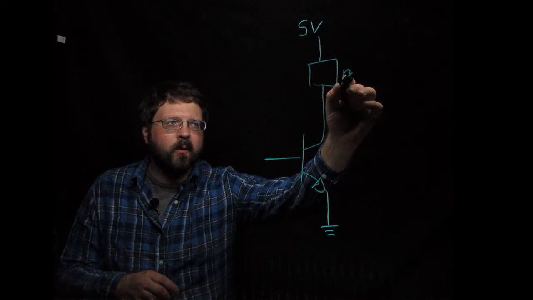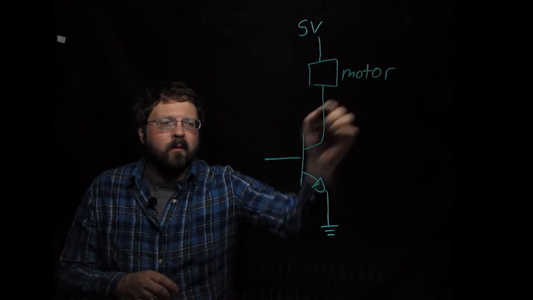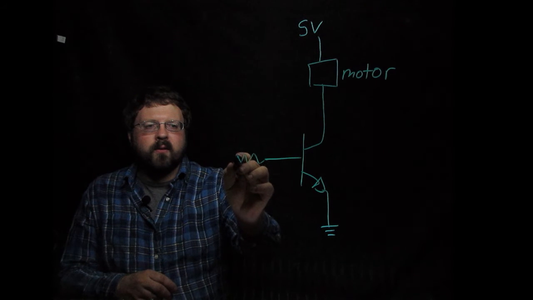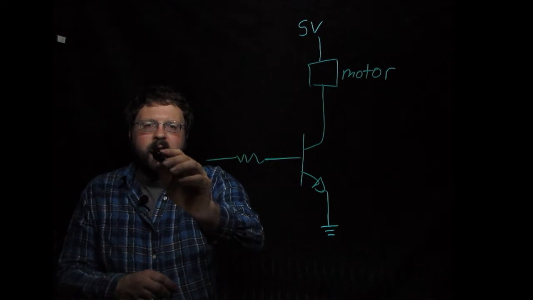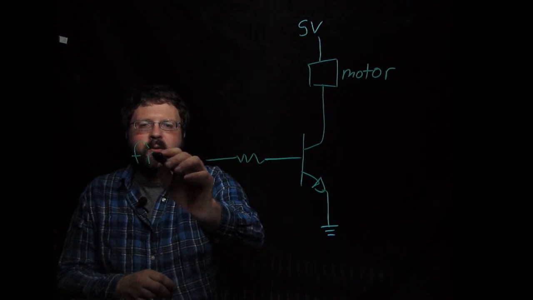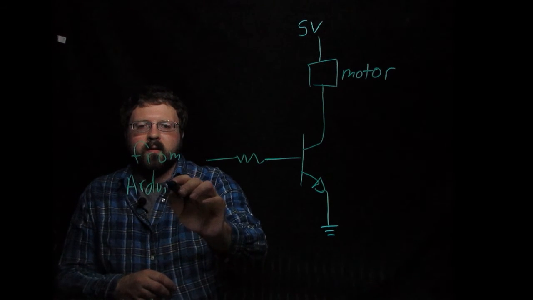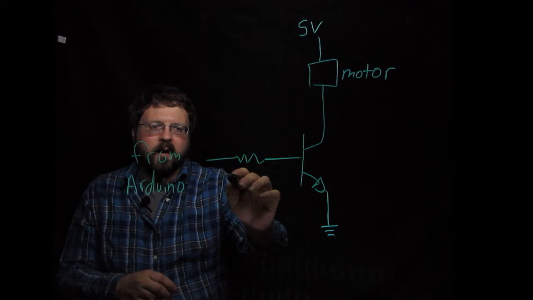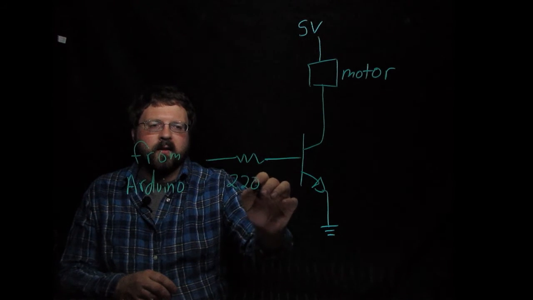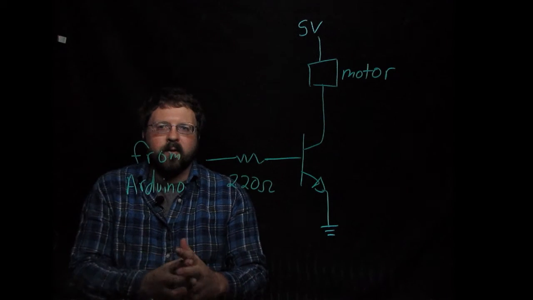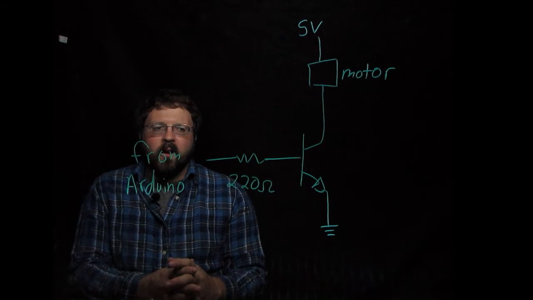So this would be our motor. Then there's usually a limiting resistor at the base, and this would be the control signal from the Arduino. A good value for this is like 220 ohms, the same value we typically use for the LEDs.